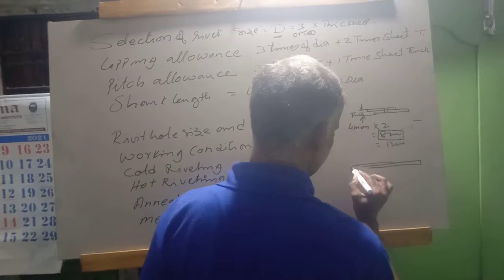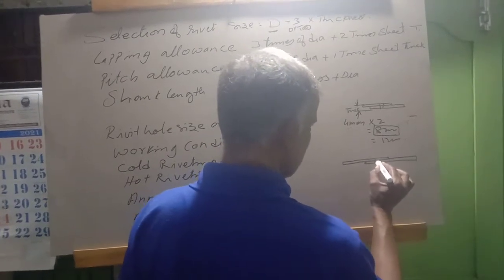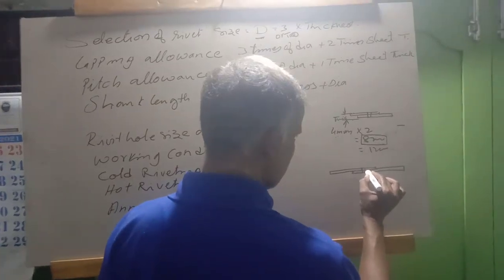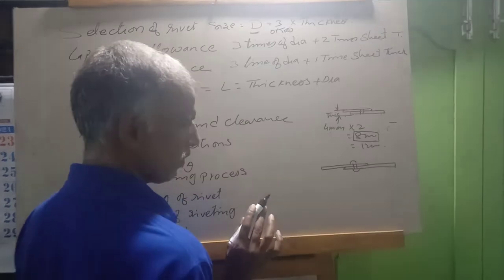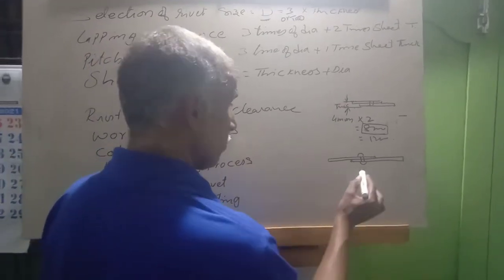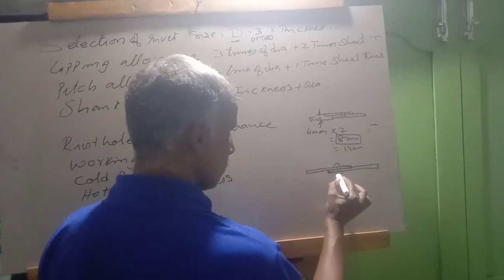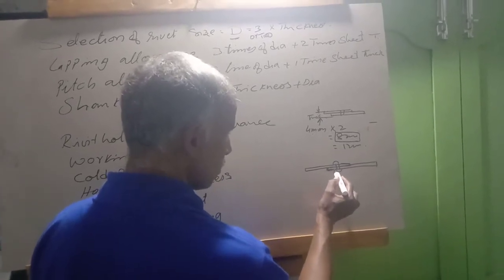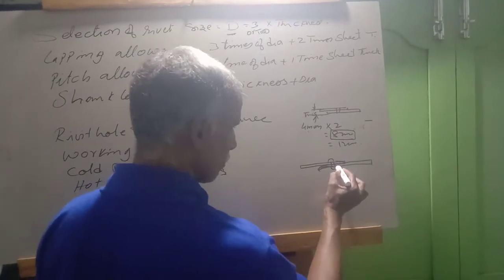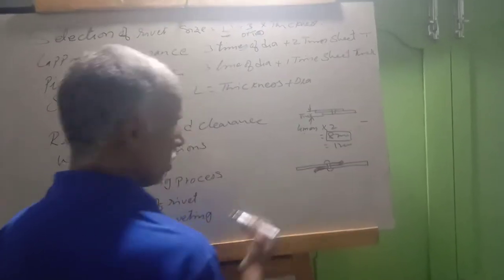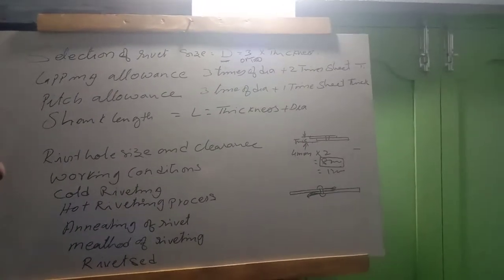Like this, the sheet is riveted with the required diameter. This is sheet riveting. If the sheet overlap is more, then when you are riveting, the end of the sheet will bend like this and the riveting will not be effective.